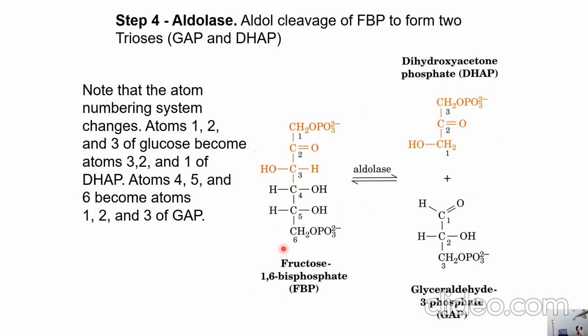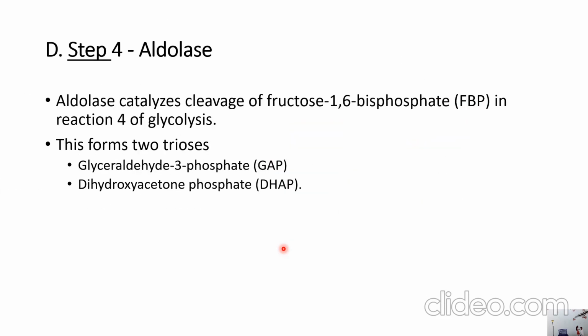Step 4 is aldolase. Aldolase catalyzes the cleavage of fructose 1,6-bisphosphate in reaction 4 of glycolysis. This forms two trioses, glyceraldehyde 3-phosphate, GAP, and dihydroxyacetone phosphate, which is DHAP.